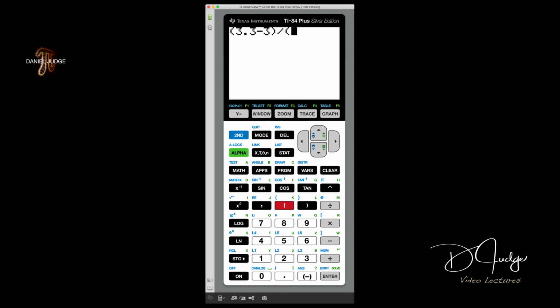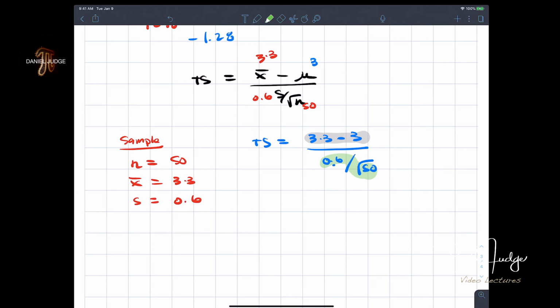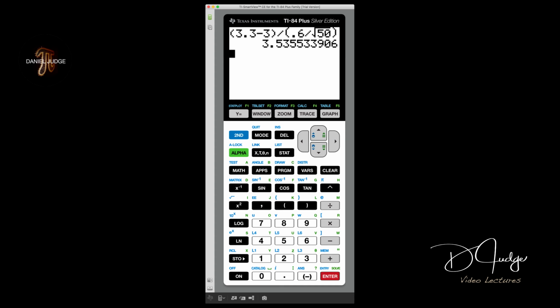Divided by, open a parentheses, put the 0.6, divided by the square root of, what number is there? 50. Move it out. Close it. So double check. That's what we said we'd do by looking at what we wrote down. We just had to include now a pair of parentheses here. So this is how you're using that TI, ladies and gentlemen. So let's hit enter.